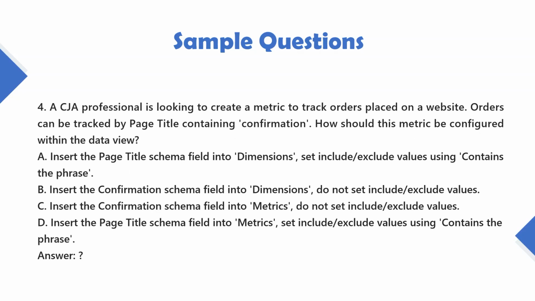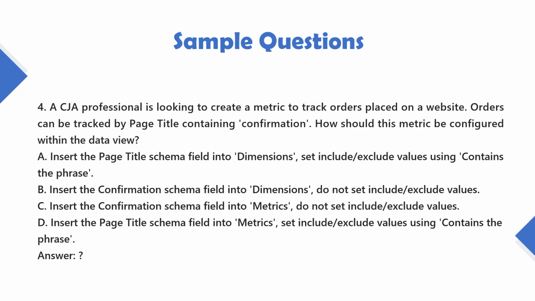4. A CJA professional is looking to create a metric to track orders placed on a website. Orders can be tracked by page title containing confirmation. How should this metric be configured within the data view? A. Insert the page title schema field into dimensions, set include/exclude values using contains the phrase.